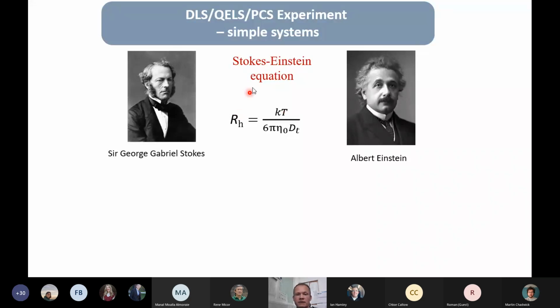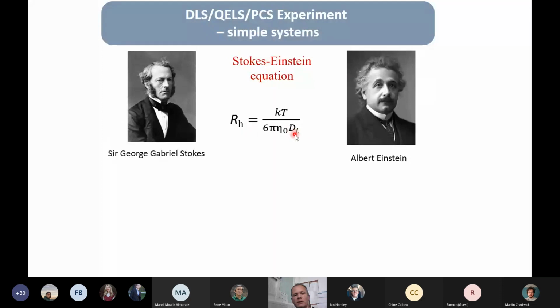And this equation is known as the Stokes-Einstein equation. It tells you that the radius of a hard sphere, because Stokes was making experiments with hard spheres, is inversely proportional to the diffusion coefficient. So the smaller the nanoparticles, the smaller the proteins we're dealing with, the higher the diffusion coefficient will be.